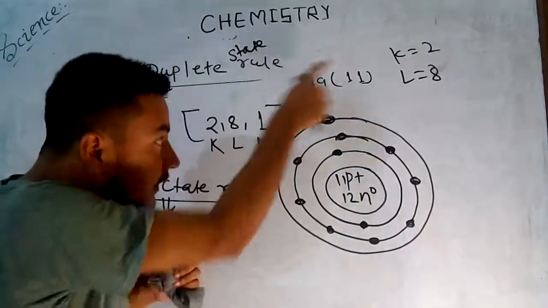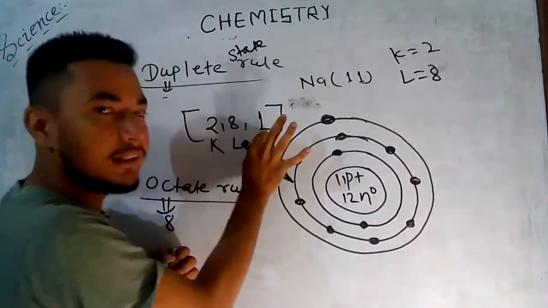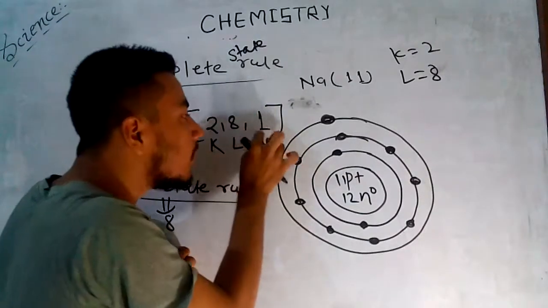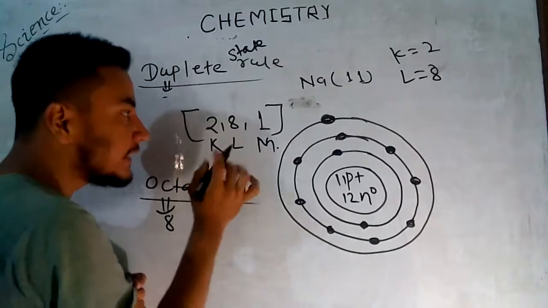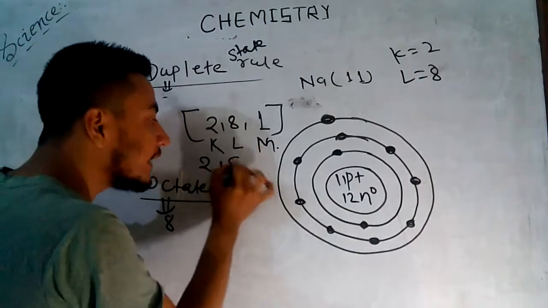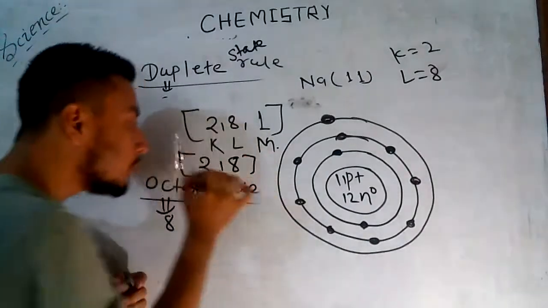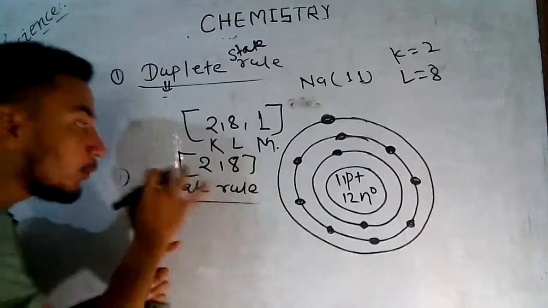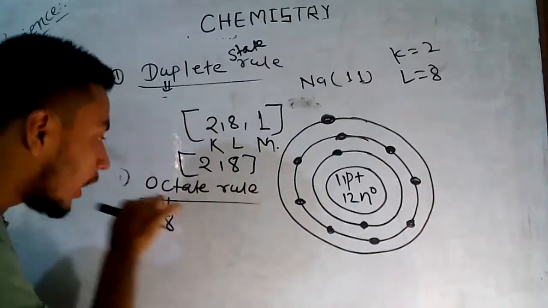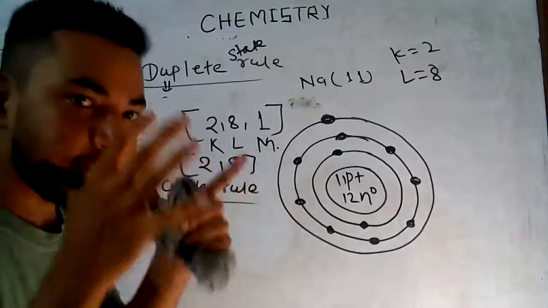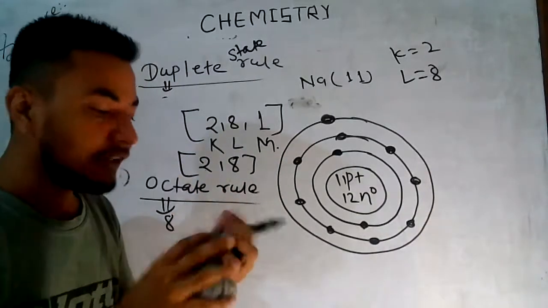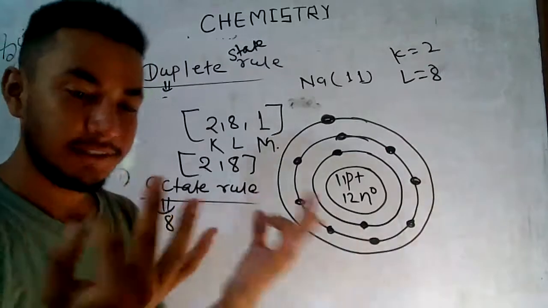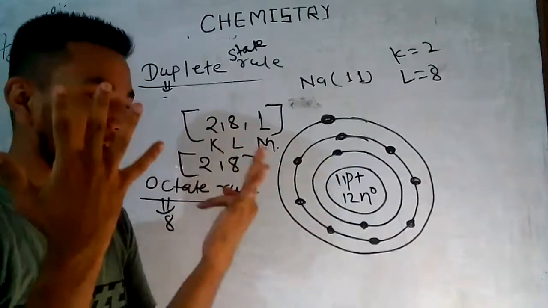If sodium loses 1 electron, then it attains the state 2 and 8, so this state is fulfilled. This state is more stable because of the octet rule. The octet rule states that every atom wants to gain 8 electrons in its outermost shell, and that is called the octet rule.